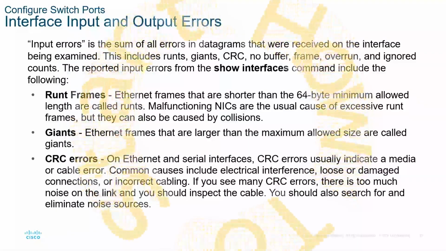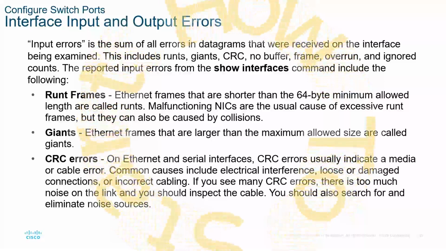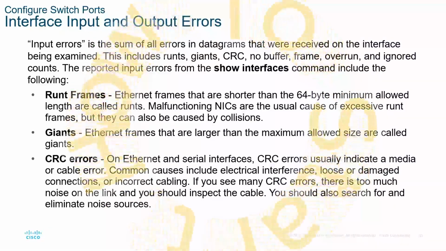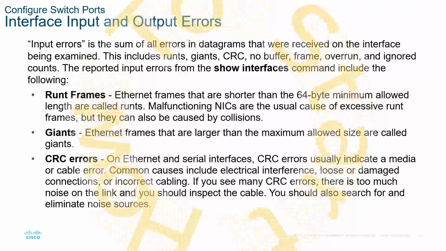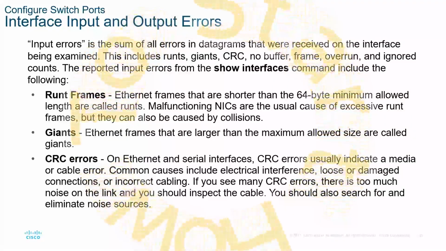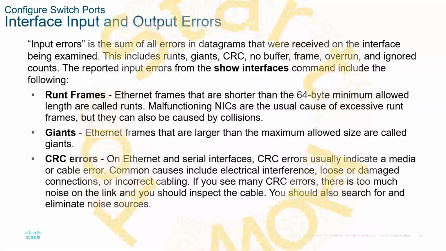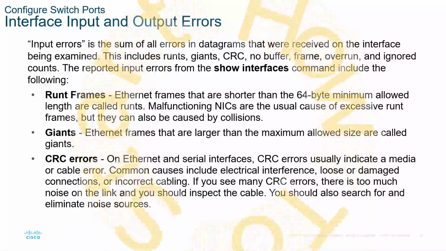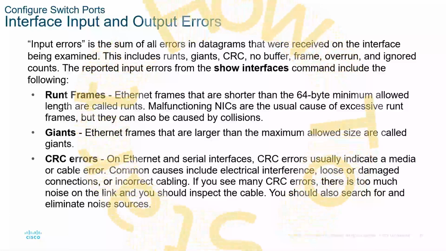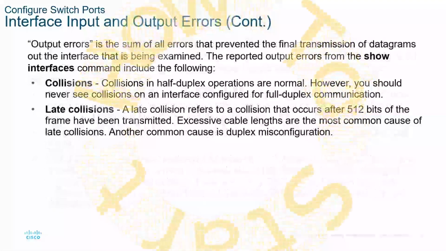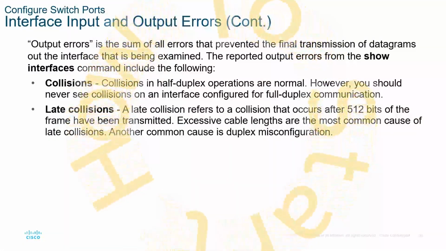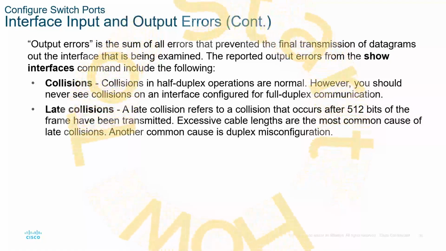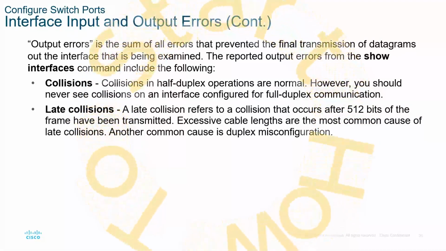If they're smaller than the 64 minimum allowed; giants are larger, unless jumbo frames are enabled. CRC errors are one of the big ones because we'll actually do a CRC checksum to verify if a frame is accurate. Collisions and late collisions we've already talked about. Again, late collisions are after the first 512 bits are sent.